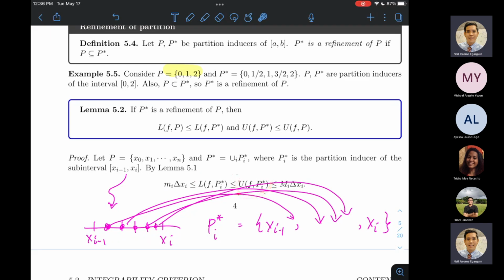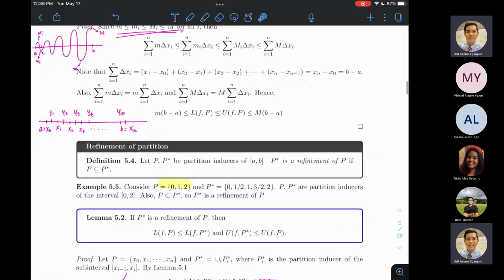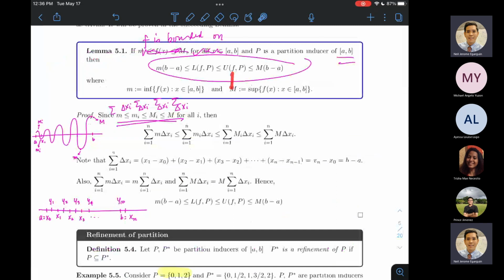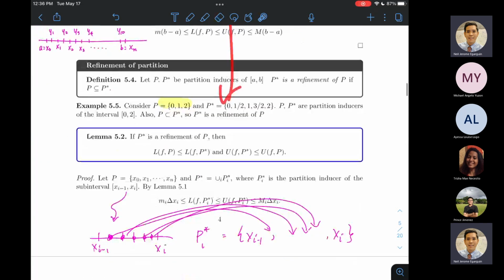Ito naman yung upper Riemann sum para kay P sub I star. So basically, in-apply lang si lemma 5.1 on the interval x sub I minus 1 hanggang kay x sub I. Okay? And totoo ito sa lahat ng i's.